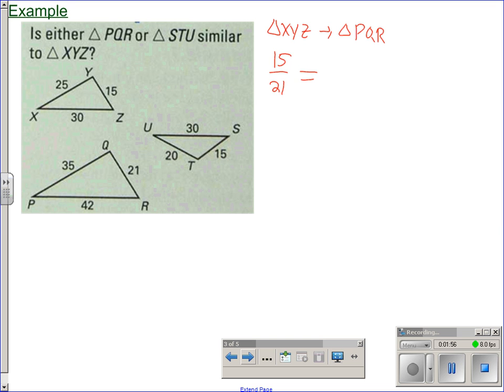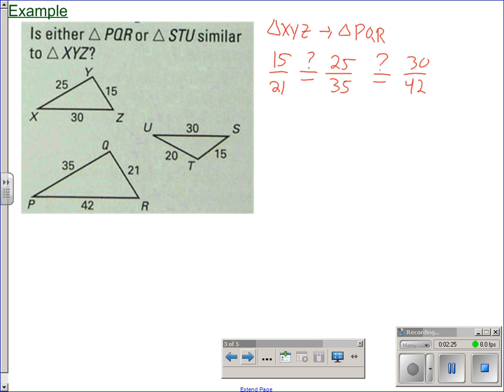So the question is, does that ratio equal the ratio of the medium side lengths? In triangle XYZ, that's 25 compared to the 35 from triangle PQR. And again, does that equal the longest sides? That's going to be 30 compared to 42. So are these things equal? I'm just going to try to simplify these fractions.